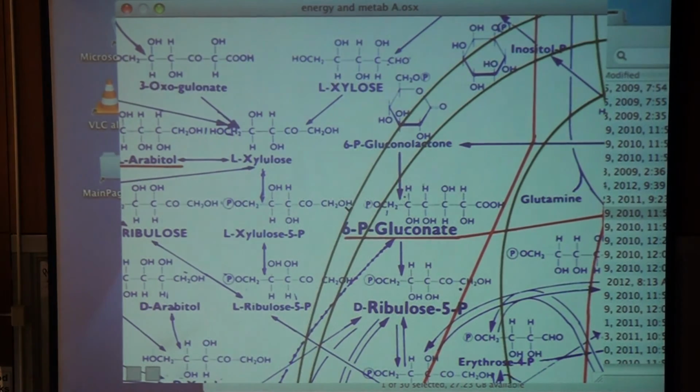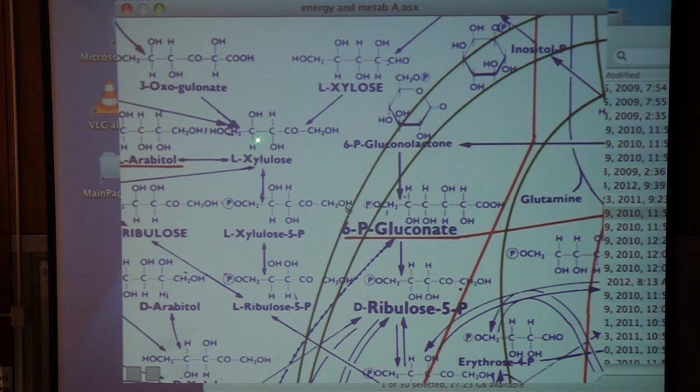There was a chart I saw somewhere that showed not all the thousands of chemical reactions, but just some of the chemical reactions going on inside cells, and I took a picture of some of that chart. These are some of the organic molecules inside the cell, and the little arrows represent the enzymes that change one into another. And I don't know what most of these molecules are.